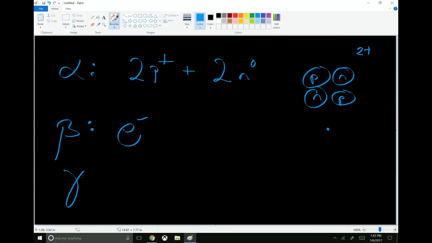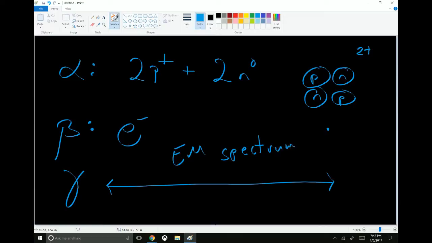Gamma is actually quite different. Gamma is actually electromagnetic radiation, so the only kind of radiation that actually is radiation, rather than just a high energy particle. If you look at the full electromagnetic energy spectrum, way down here at the low energy end, you have radio waves.